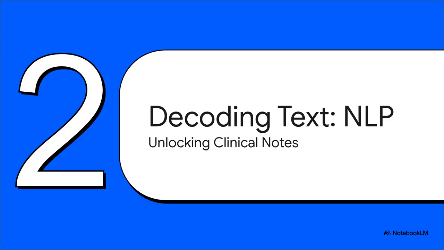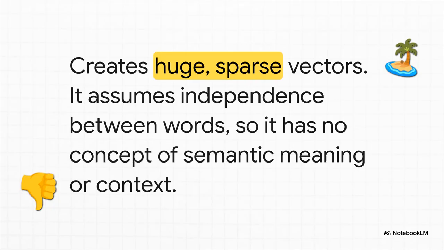Okay, so we've got these standards for creating shared meaning. That's great. But how do we even find a concept like pneumonia buried inside a doctor's messy, free text note to begin with? Well, that's where natural language processing, or NLP, comes into play. The first attempts to get computers to understand words were pretty basic. Take one-hot encoding, for example.